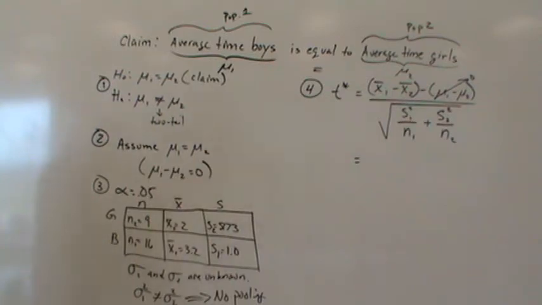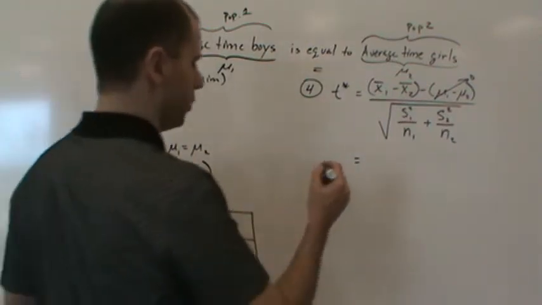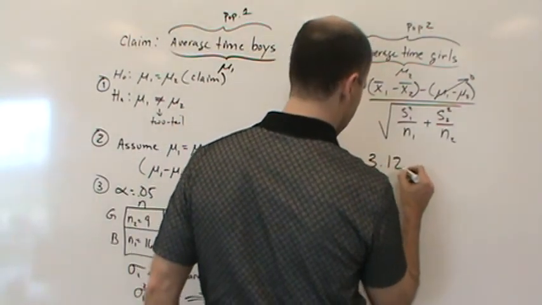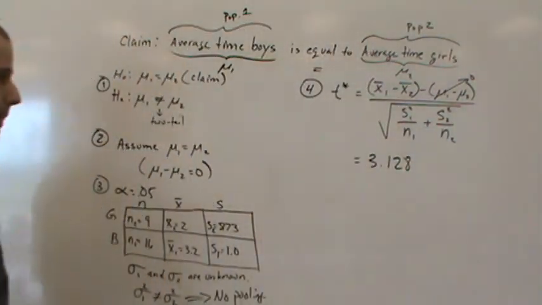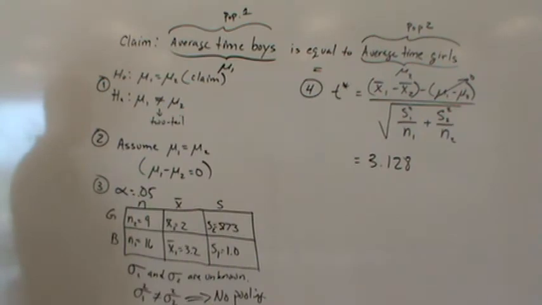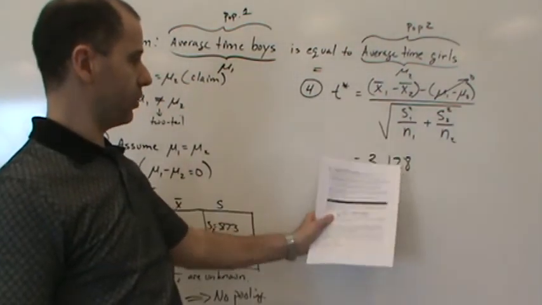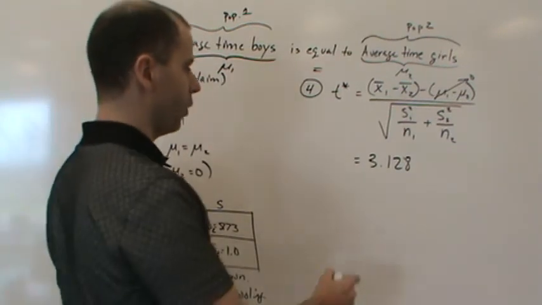And I get 3.128. Pretty big. Now, I could use this and use the traditional method, or I could go forward and find the p-value.